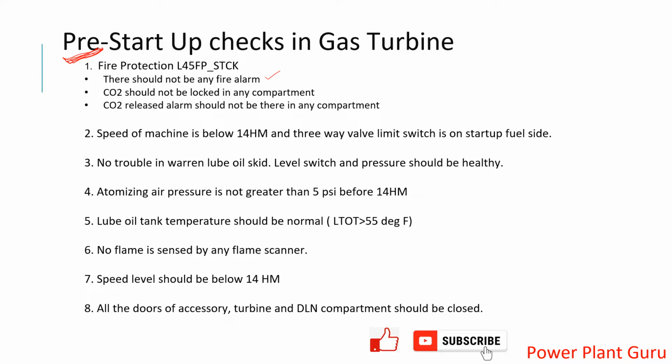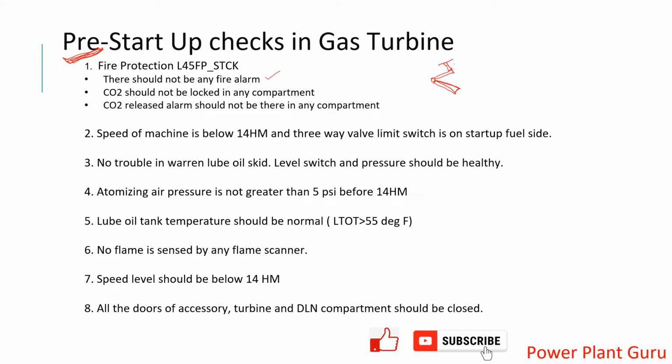Next is CO2 suppression, a fire suppression system where CO2 is flooded in the compartment to suppress the fire. But there is a mechanism where you can lock your CO2. There will be a small valve whose position you can change. You can close that valve for each compartment, and then there will be a limit switch. If the CO2 is on, the limit switch is touched and you get the signal that CO2 is not isolated.